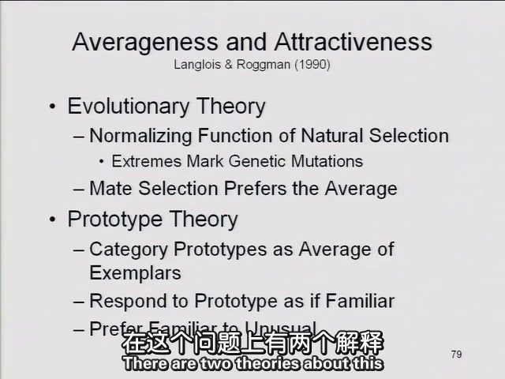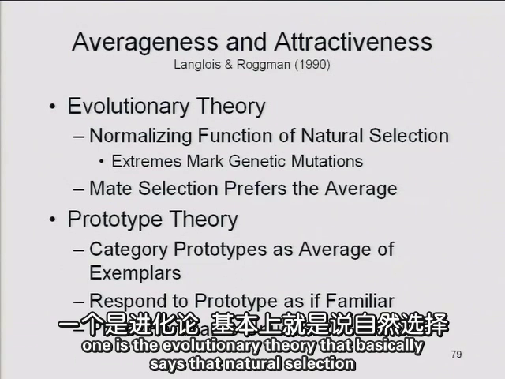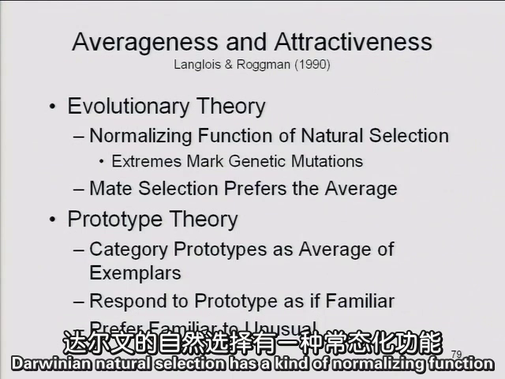There are two theories about this. One is an evolutionary theory that basically says that natural selection, Darwinian natural selection, has a kind of normalizing function.